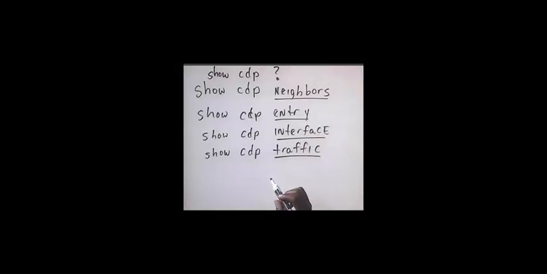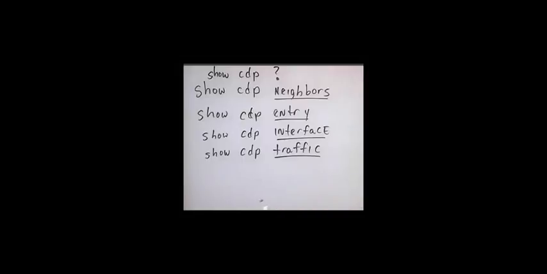The device ID that's included with the show CDP neighbors command would be the host name of the neighboring device. If the device is a switch, it'll be the host name as well as the MAC address of that switch.